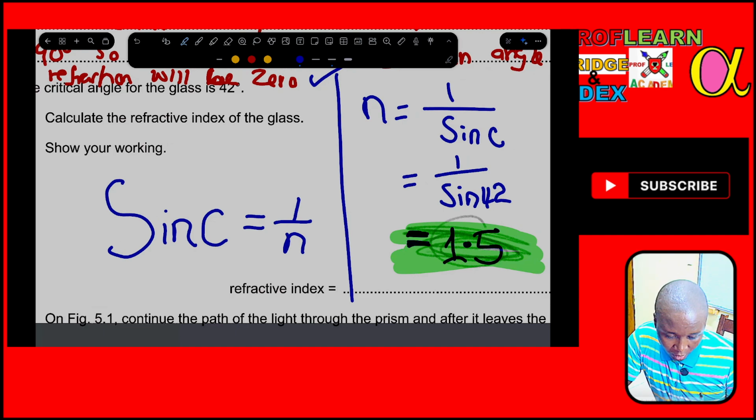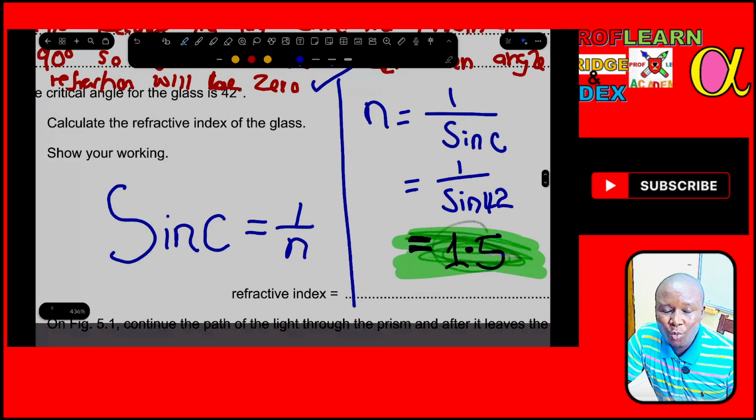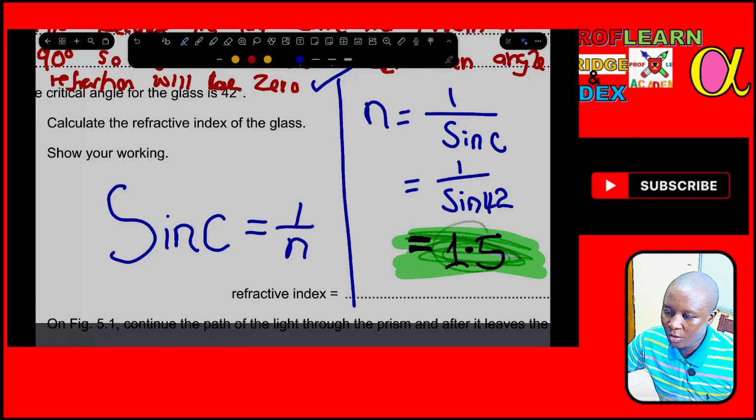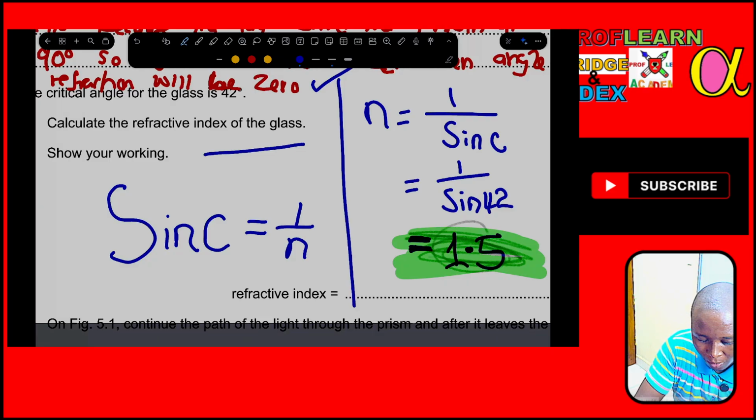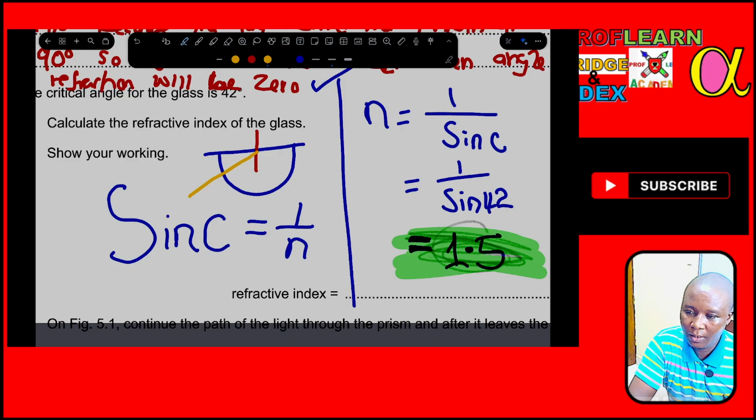Okay, so we need to move further and look at this. What's a critical angle? If you are told to define the term critical angle, you are going to say critical angle is the angle of incidence in the dense medium when the angle of refraction is 90 degrees. So suppose you are having a glass block like this, and there is a ray of light which is directed through the glass block.